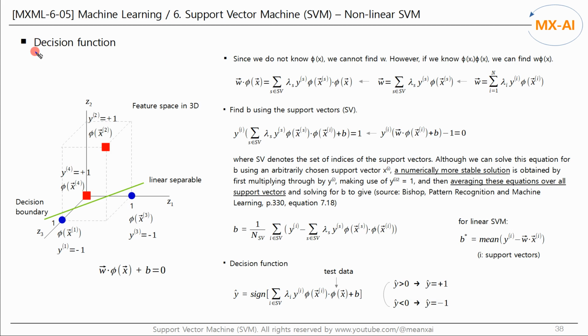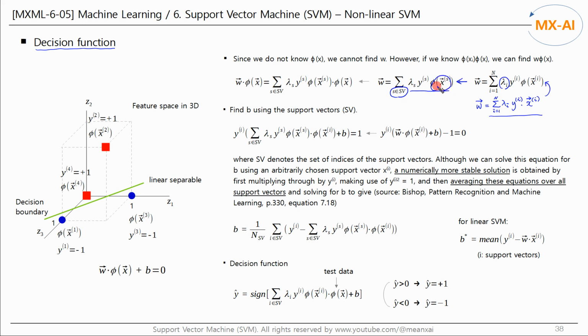Next, let's create a decision function. The formula for finding w in linear SVM is as follows. Replacing x with phi x gives us the formula for finding w in nonlinear SVM. Here, the lambdas for non-support vectors are 0, so we can write this expression as the sum of these values for the support vectors.